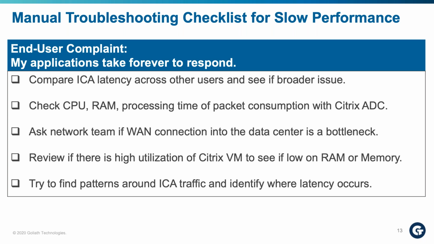You probably built more virtual app servers. You probably built more virtual desktops, and those require more resources from your virtualization host. What about now that we have more users connecting remotely? Is our WAN connection a bottleneck?